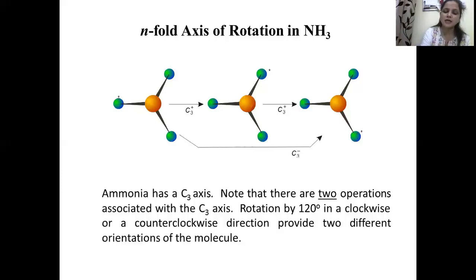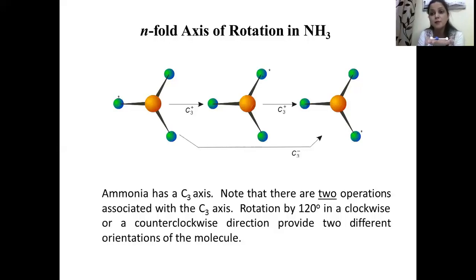Now I am taking the example of a planar molecule, where the structure is trigonal but planar. Suppose this is a BF3 molecule where this is boron and these three are the fluorine atoms. Now you can see it's planar. The boron atom is touching my hand, it is touching the surface.